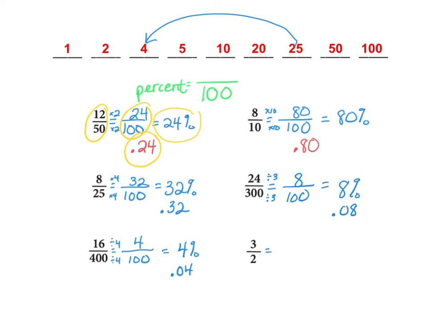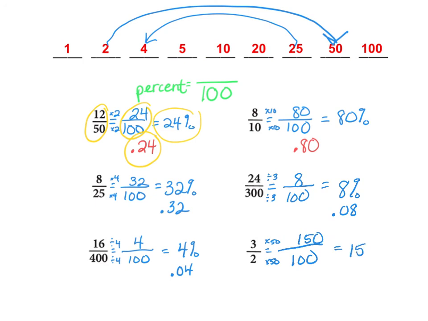Last but not least, 3 over 2. I can definitely turn 2 into 100. It's part of my list up here. 2's partner is 50. So 2 times 50 is 100. Therefore, 3 times 50 is 150. So 150/100ths is 150%.